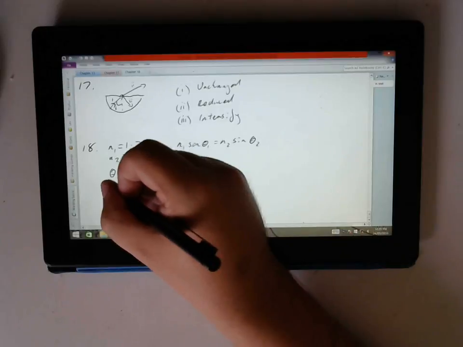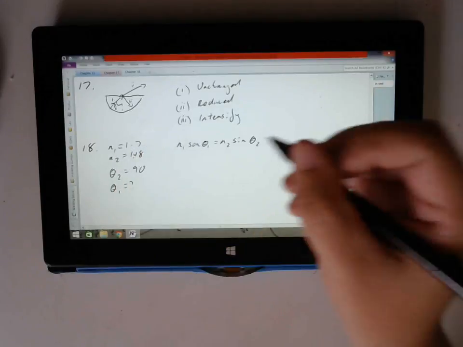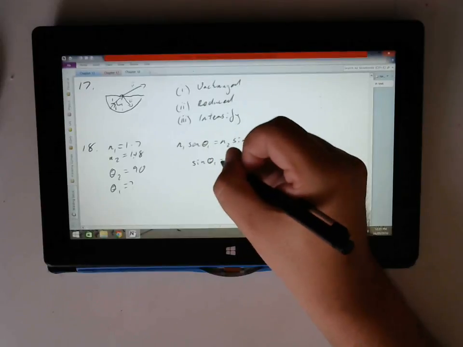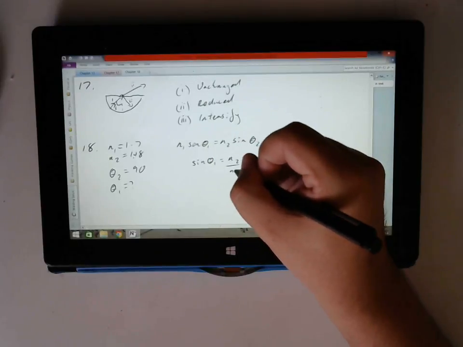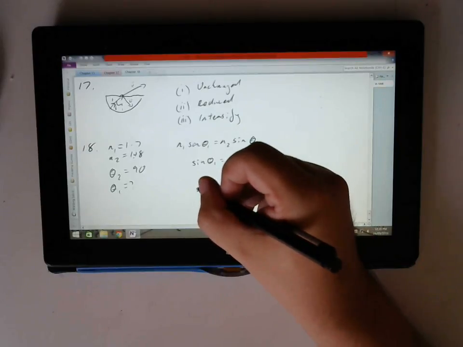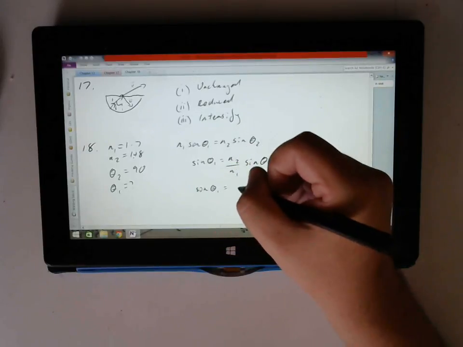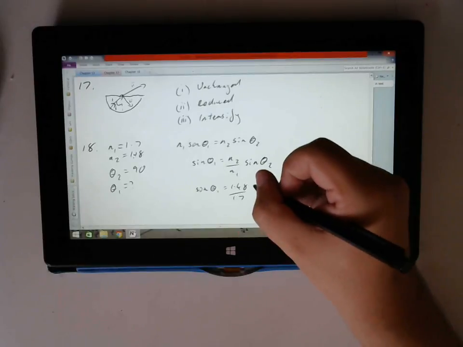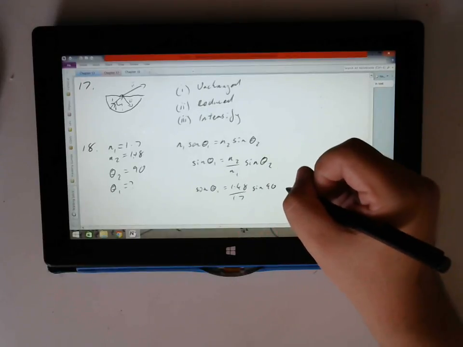Well, we want to know what is theta 1 originally. So let's rearrange that. We get that sine theta 1 equals N2 over N1 sine theta 2. Sine theta 1 equals 1.48 over 1.7 sine of 90.